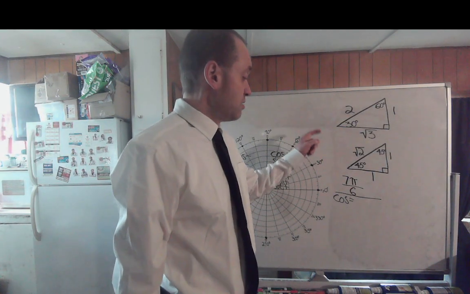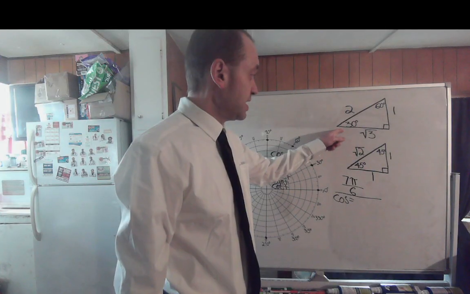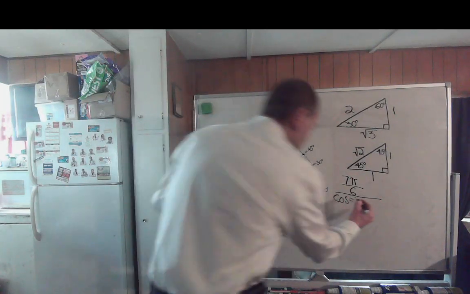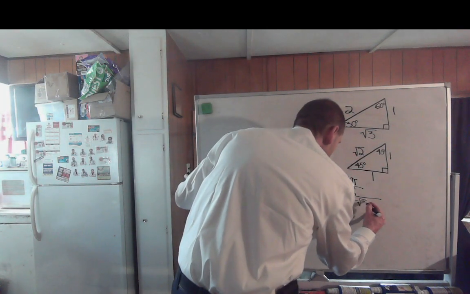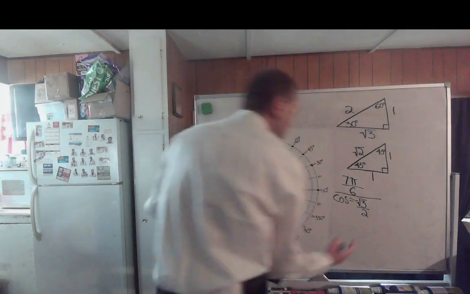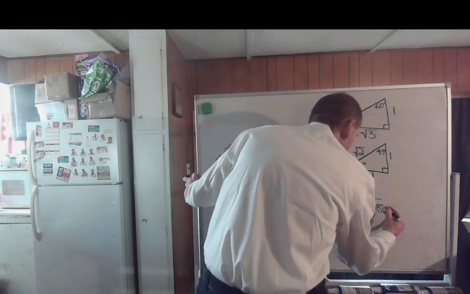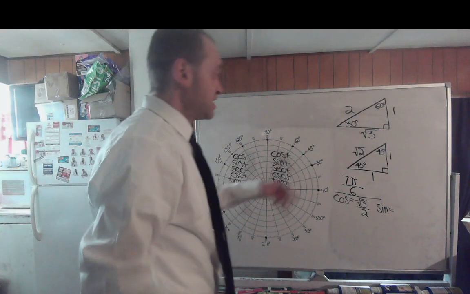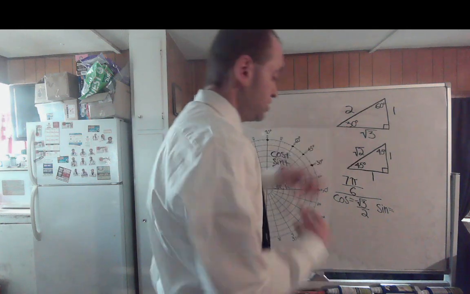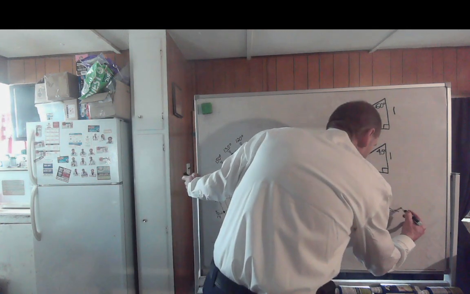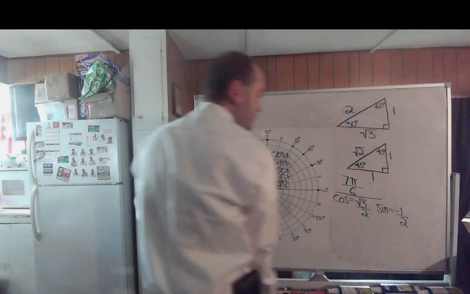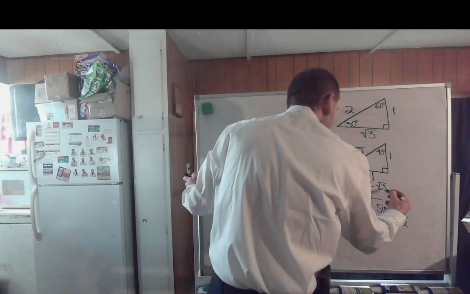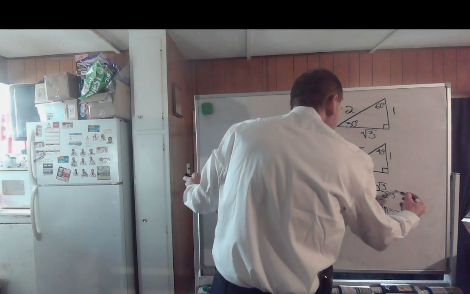So the cosine of 30 is adjacent over hypotenuse, so that'd be negative square root of 3 over 2 since we're in the third quadrant. And then your sine would also be negative because you're in the third quadrant. The sine of 30 is 1 over 2, but put a negative sign on there, you would get negative 1/2. So the ordered pair would be negative the square root of 3 over 2, negative 1/2.